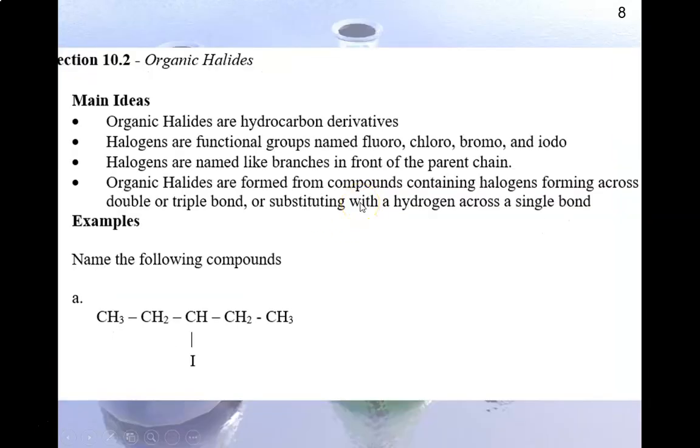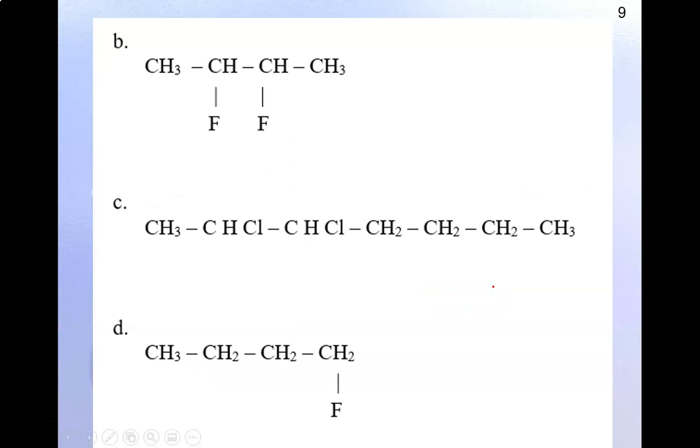So let's take a look at this one. 5 carbons across. On carbon 3 we've got the I, so this is 3-iodopentane. Taking a look at this one, you've got 1, 2, 3, 4, and 2 fluorines on carbons 2 and 3: 2,3-difluorobutane.